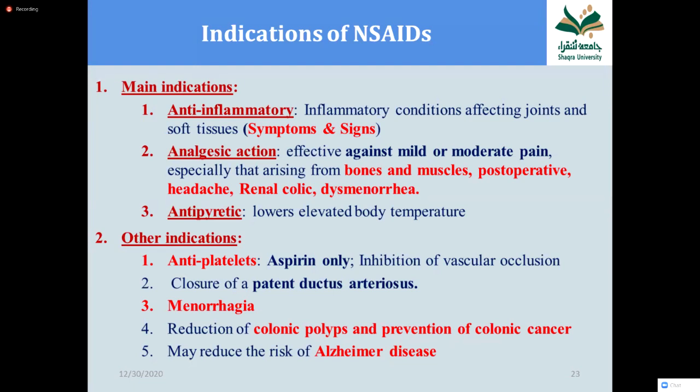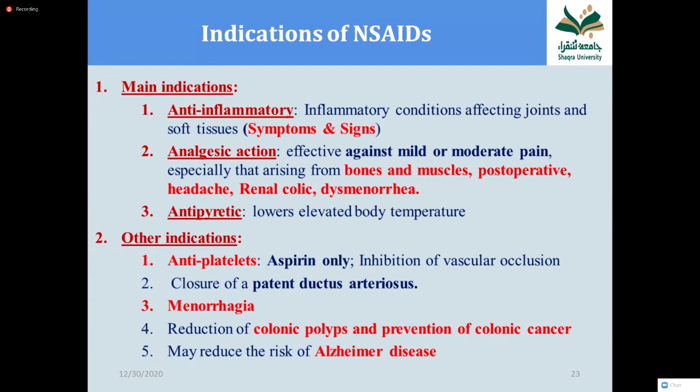It can be used for the closure of patent ductus arteriosus. This effect is seen in those children when there is no closure of the ductus arteriosus. So after the surgery, they can be given NSAID to close the ductus arteriosus.